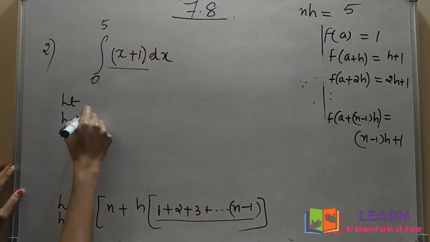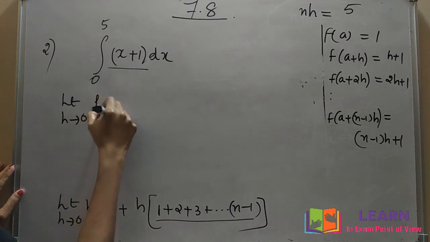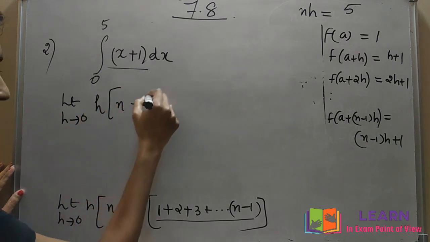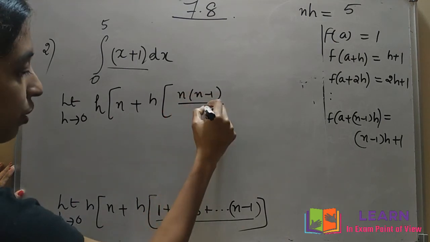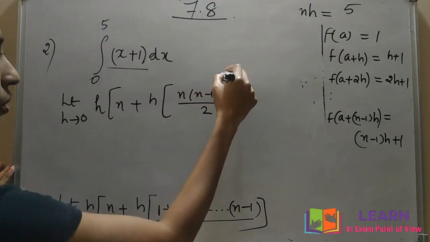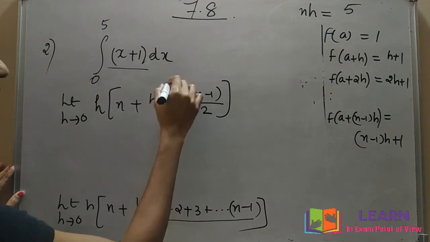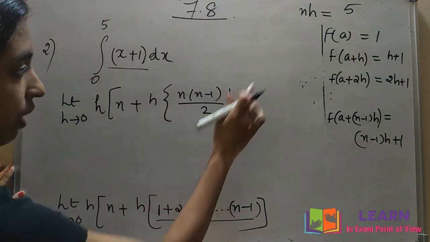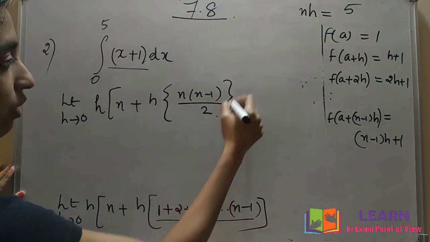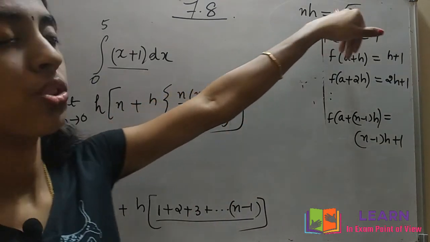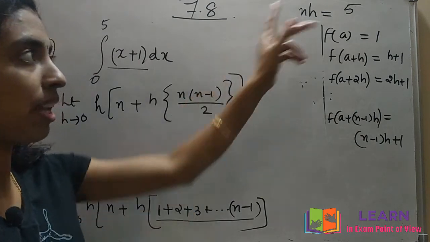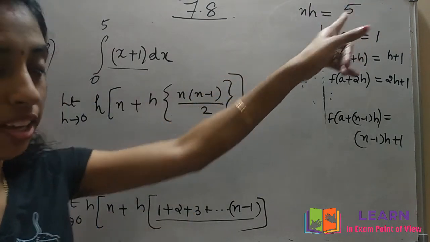Okay, then substitute this formula here. Substituting that formula, what you will get? Limit h tends to 0, h into n plus n into n minus 1 by 2. Okay, this you can put in a bracket to identify each term. Now we need nh. We can make every term nh so that we can substitute 5.